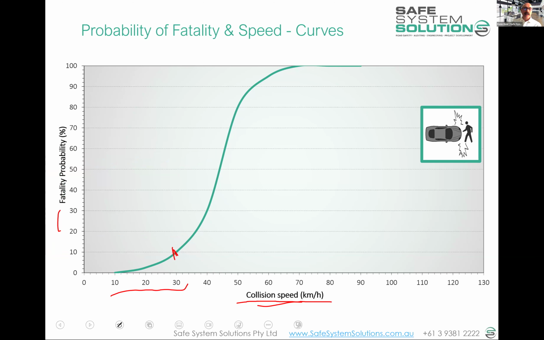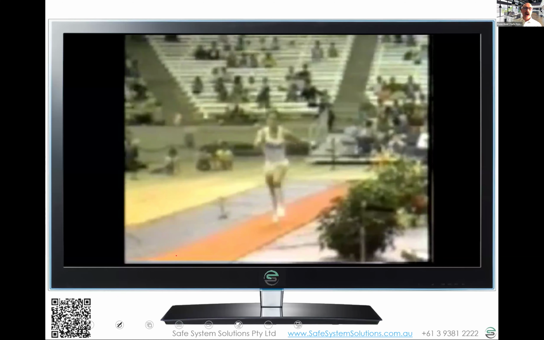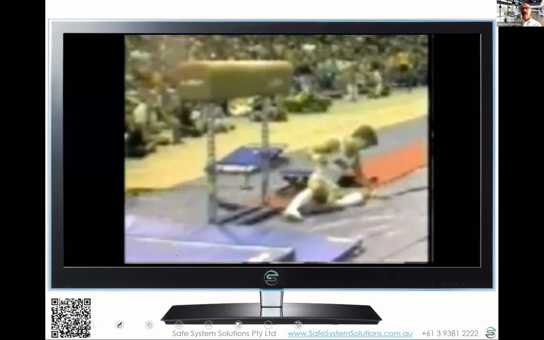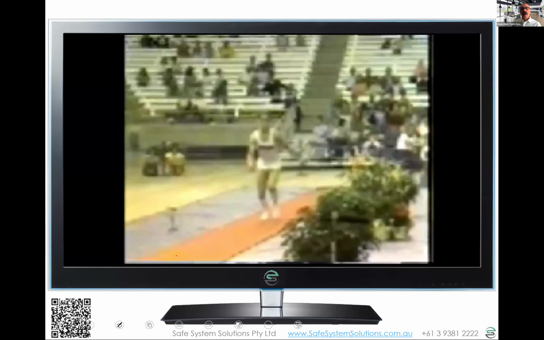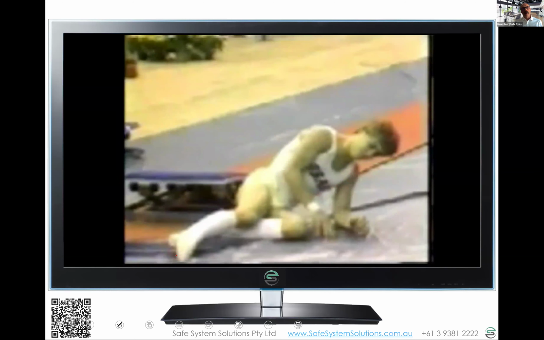Now the human body is designed to handle some force. There you go. Hopefully that played for you. It's the old classic. I'll play it again. Yeah, that's what the human body is designed to handle, that sort of stuff. Okay, it's not fun, and we might break a few ribs, but we will recover to lead a normal, healthy life.